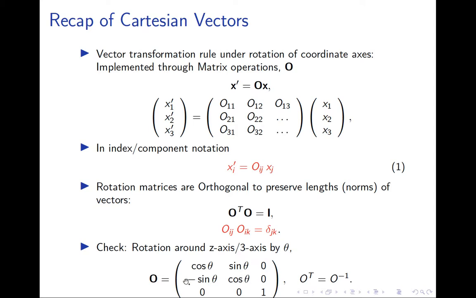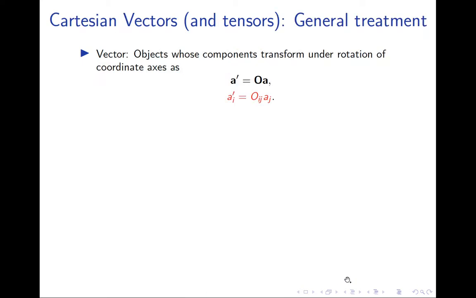In fact, we looked at a 2 by 2 matrix, but you can embed a two-dimensional plane inside a three-dimensional space by thinking of that plane as the z equal to 0 plane. In that case, the z coordinate doesn't transform at all, so 0, 0, 1 is the third column and 0, 0, 1 is also the third row. And then we explicitly checked that indeed O transpose equals O inverse, so it's an orthogonal matrix.